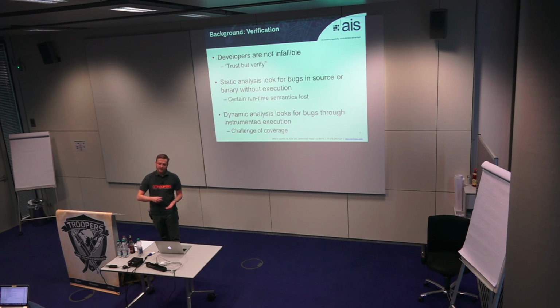On the other side, when you're verifying, you could use dynamic analysis, which runs the program in some instrumented form or in a hypervisor, and looks for bugs that way. The problem is then you need to drive execution across an exponentially exploding control flow graph, and so now you have problems of coverage. So these are some challenges: verification is a way you can check your developers, but there are challenges associated with it.